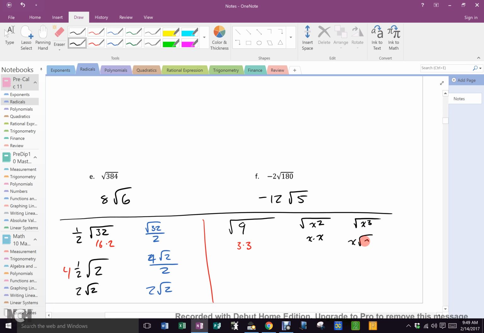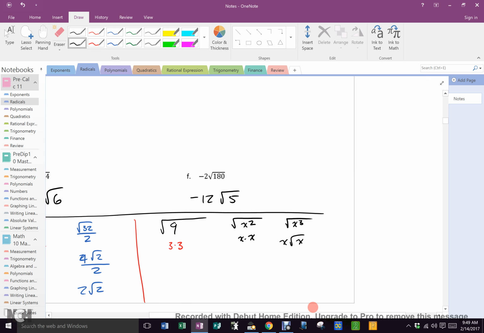X root x. Cool? Because this is x, x, x, and I take out a pair, right? Everybody okay? So what then is the square root of x to the fourth?